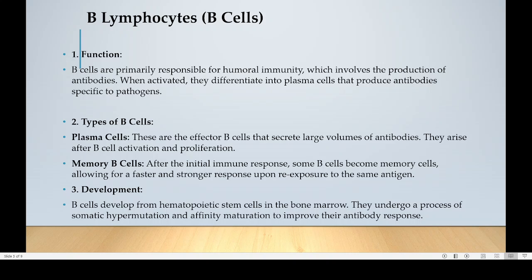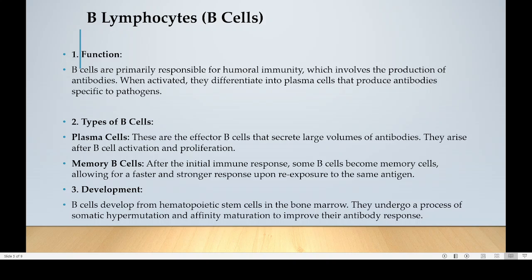So in the case of B lymphocyte, there are two different types, plasma cell and memory cell. Plasma cells are the primary antibody producing cell. Function of the memory cell is to keep a memory of the infection, keep a memory of the nature of the virus or nature of the bacteria which has infected us. So this is how we are differentiating B cell into memory cell as well as plasma cell.